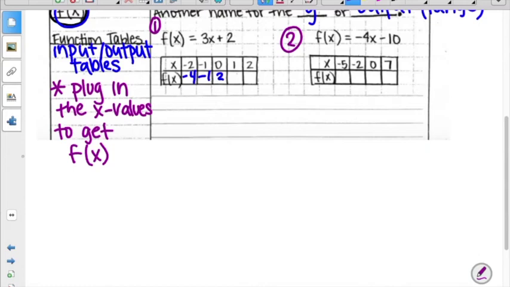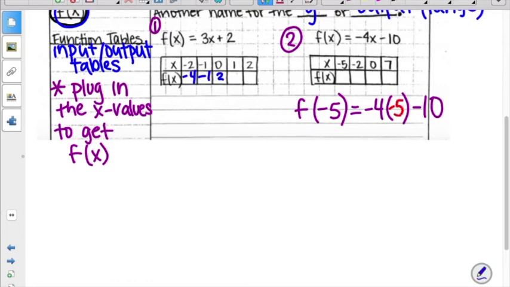So we have f of -5 equals -4x, parenthesis instead of the x, minus 10. And in this case, x is -5, so I'm going to plug in a -5 right there for my x. And again, we multiply before we add or subtract.